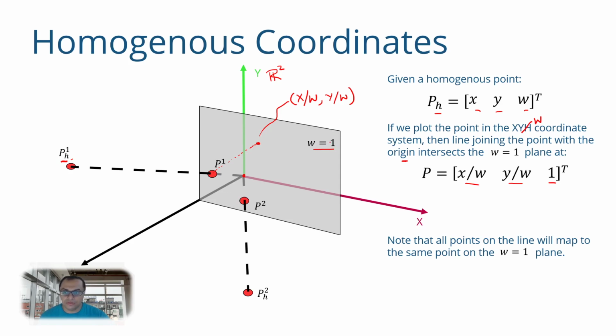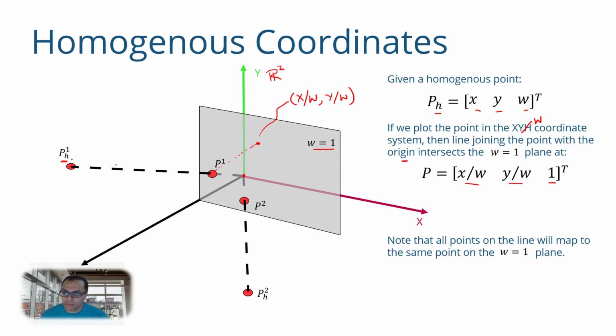Okay, so we have x/W, y/W on the 2D xy plane. We have x/W, y/W, comma 1 on the W equals 1 plane, and we have the point x/W on this ray that joins the origin with x/W, y/W, 1, right?